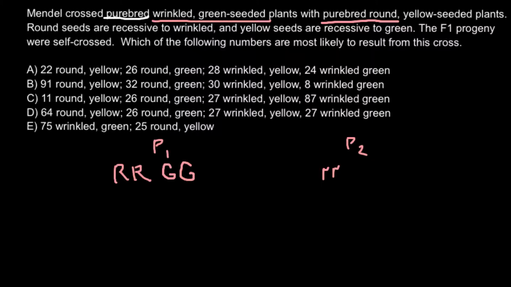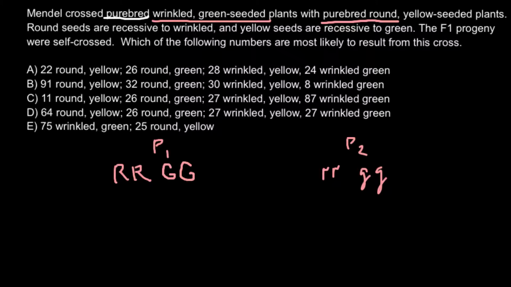If we have two recessive alleles, this means purebred round. The next trait is yellow seeded, and yellow color is also recessive to green, and it is purebred. So this is going to be small g genotype for the color. So this parent would be wrinkled with green seeds, and this would be round with yellow seeds.